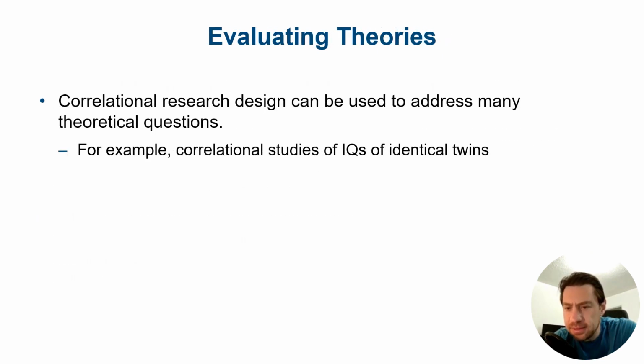All right, and finally, another important application of the correlational strategy has to do with evaluating different theories in psychology and other sciences. Correlational research is often used to evaluate theories, especially when those theories generate questions or make predictions about relationships between variables.